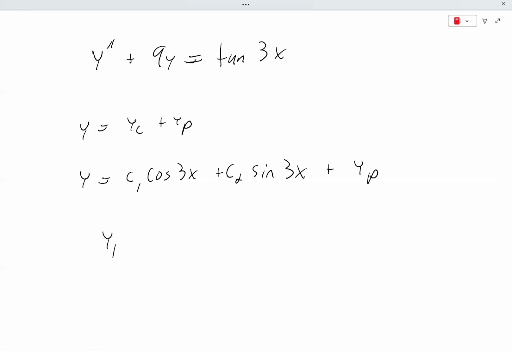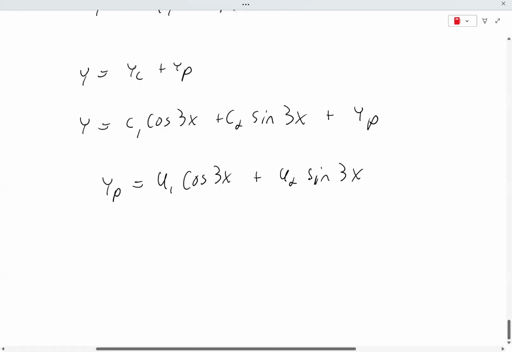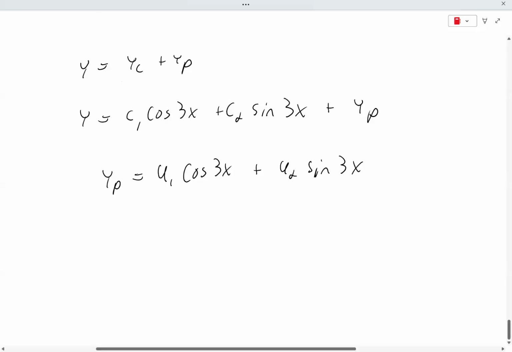Okay, and then the yp looks like this. It's u sub 1 cosine 3x plus u sub 2 sine 3x. So this would be for the variation of parameters here. And then you go through the same process, right? So you get your w here.